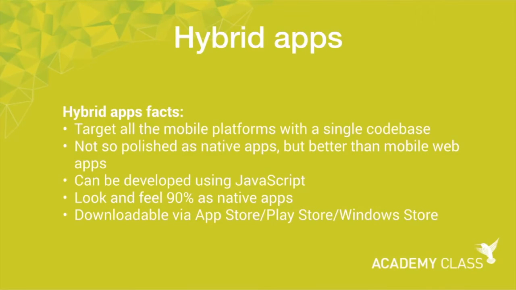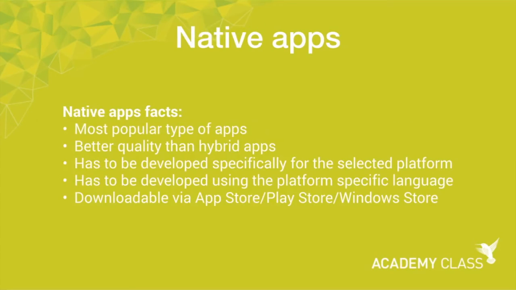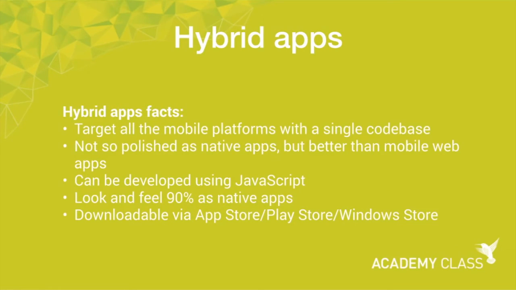So hybrid apps, and how are they different from native apps? First of all, they target all the mobile platforms with a single code base. That means in native apps you are using, as I mentioned, Java, Objective-C, Swift, or C#. Hybrid apps you are making using JavaScript.